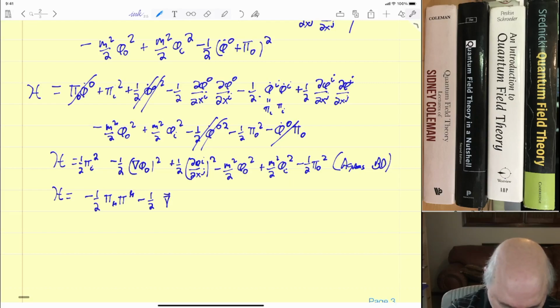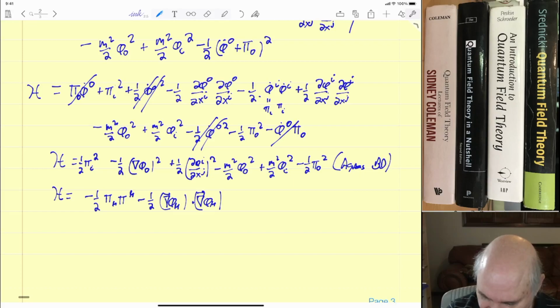I'll put a vector on top of it, del phi mu dot del phi mu, because the 0 term of this is minus del phi 0 squared, which is good. And then the I term would be a plus 1/2, and that's exactly what this is, phi I with respect to xj, that's del phi I squared. So this is a 3-dimensional gradient of each component.